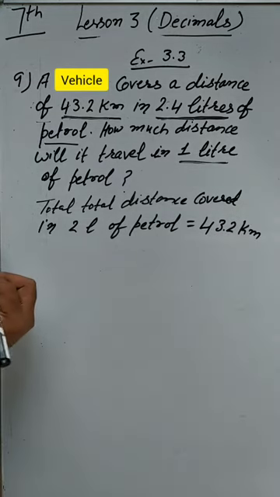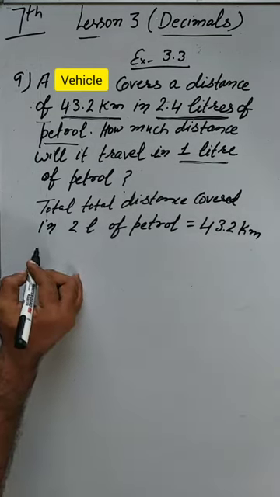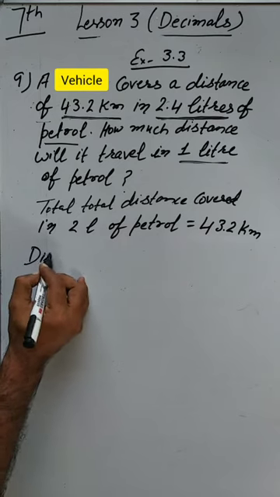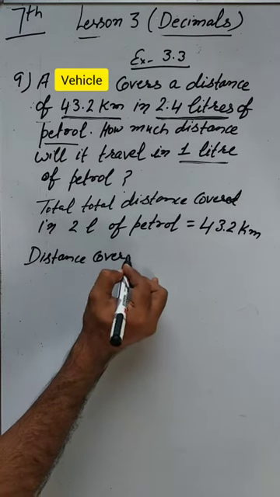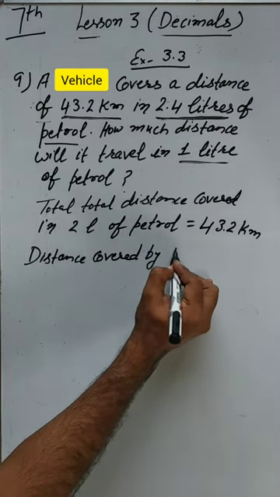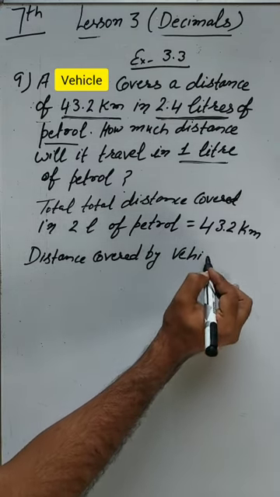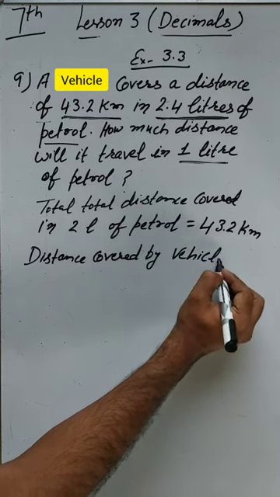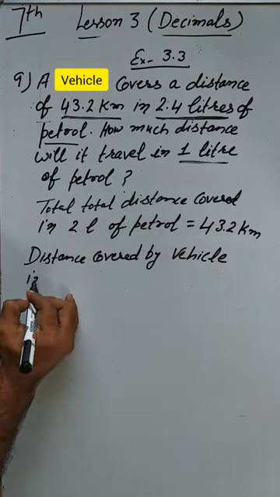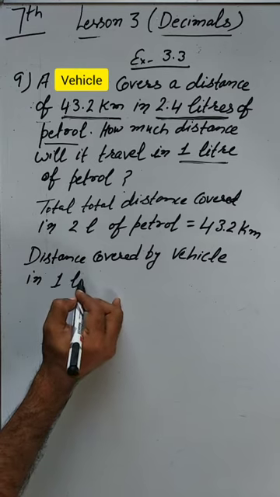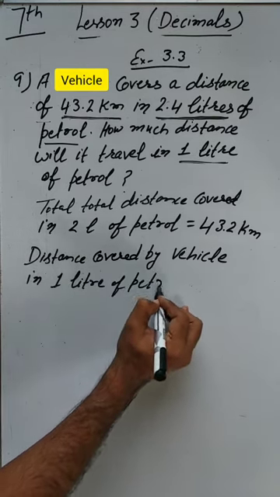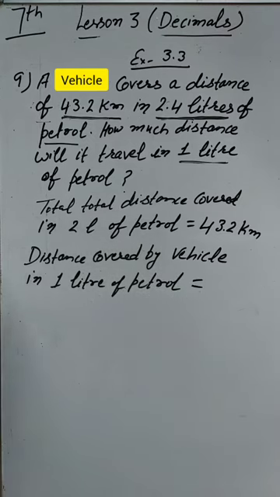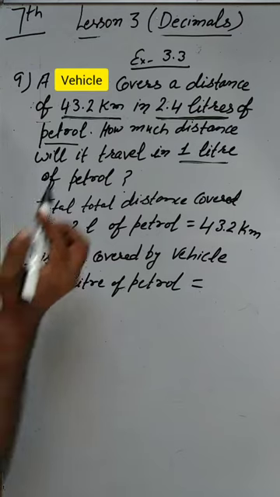We want to find the distance covered by the vehicle in 1 liter of petrol. Clearly beta, it will be with the help of the unitary method. You have studied it in class 6th.